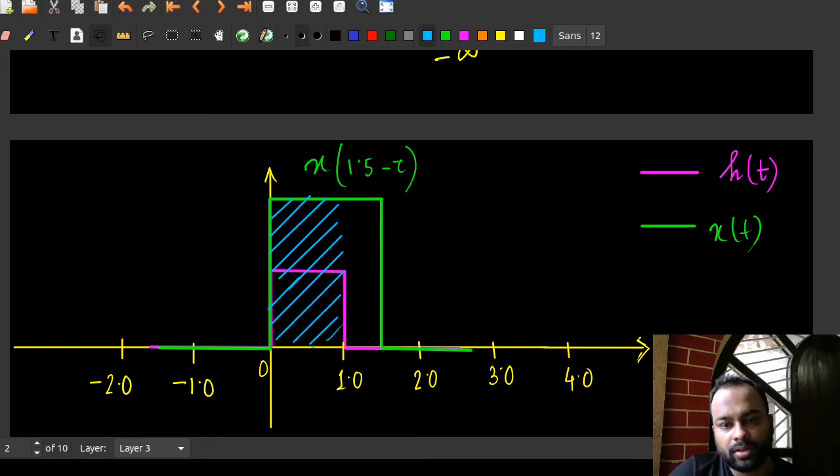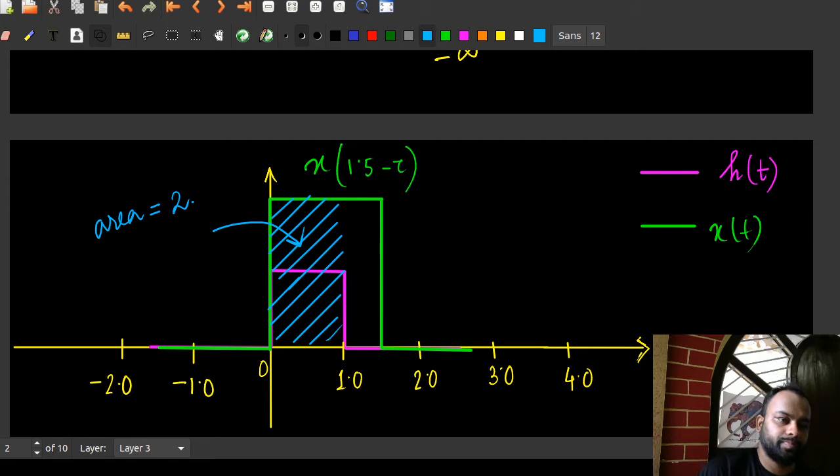So understandably, the area is again 2. So the output at t equal to 1.5 is once again 2.